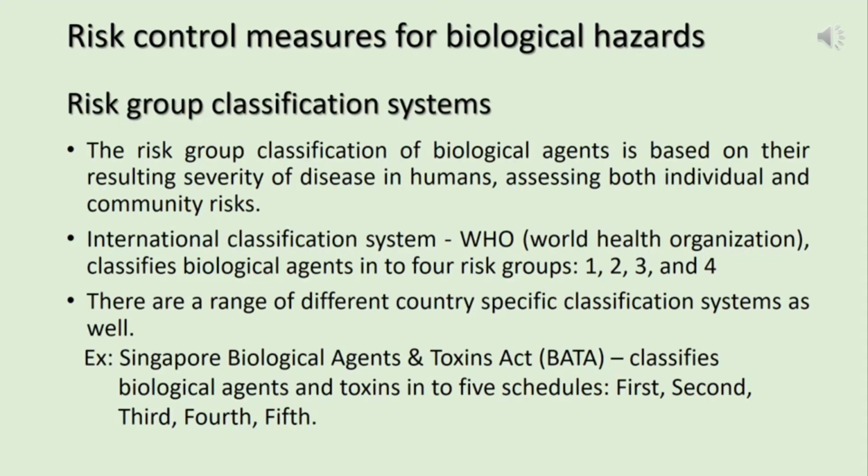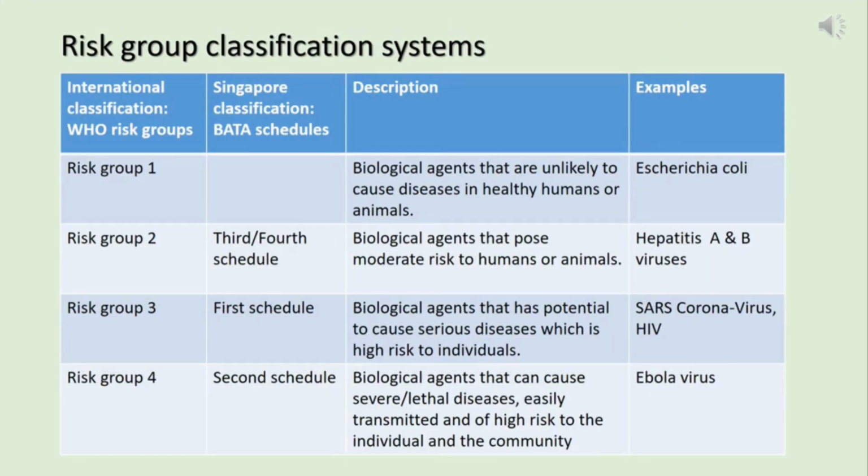When we take risk control measures, we need to consider the risk group of the organism. This slide shows you the 4 risk groups by the WHO International Classification System and the corresponding Singapore classification, the BATA schedules.